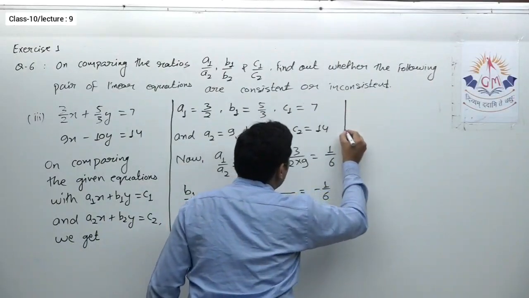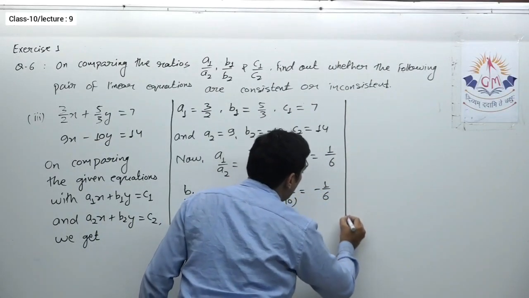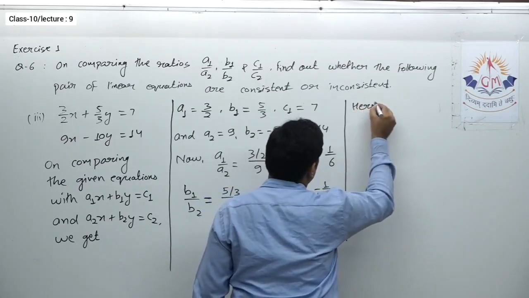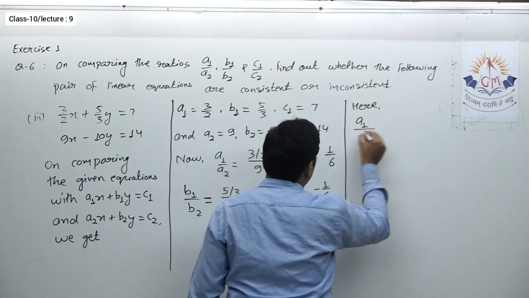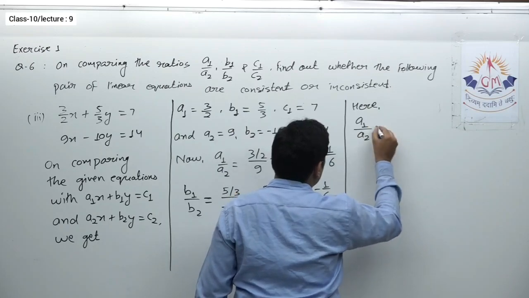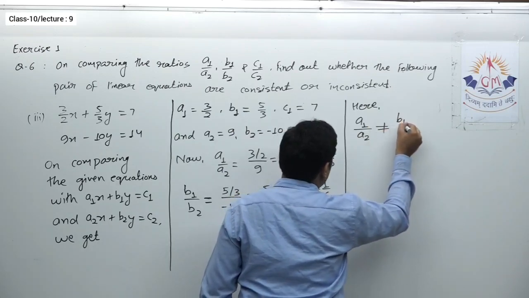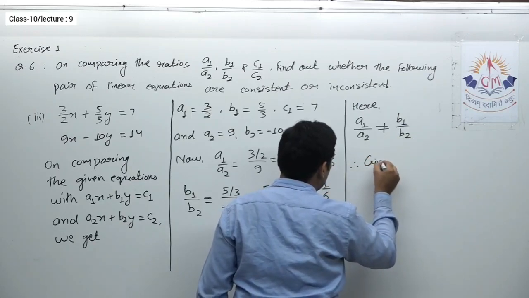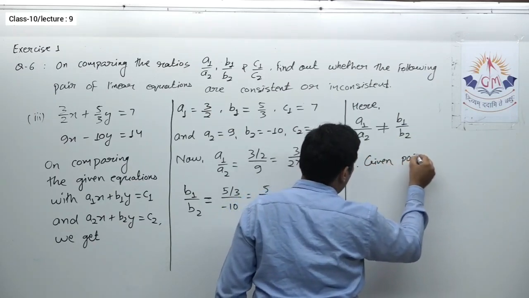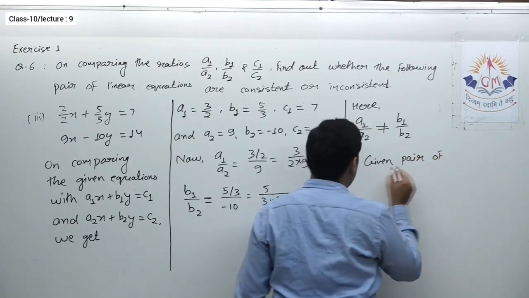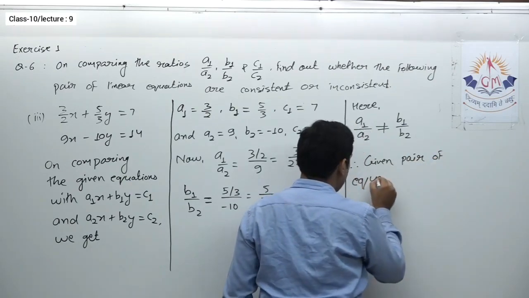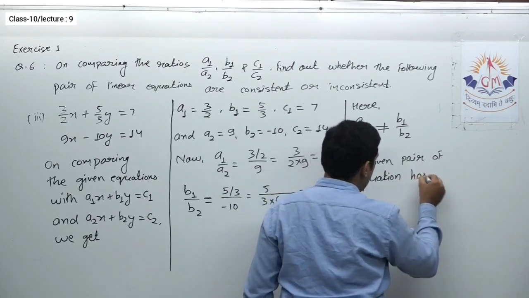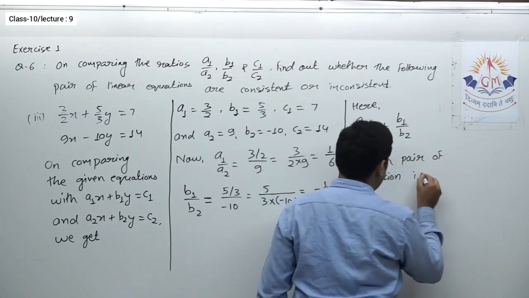So here definitely a1 upon a2 is not equal to b1 upon b2, therefore given pair of equation is consistent.